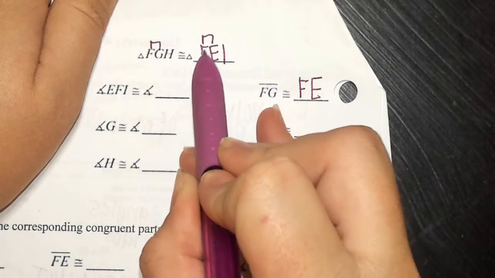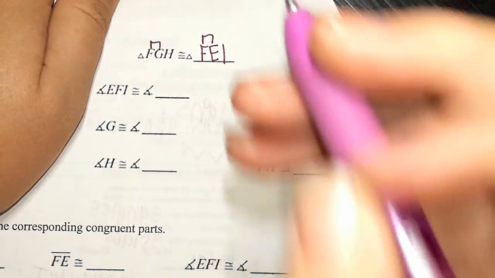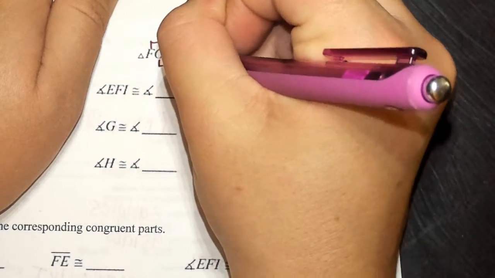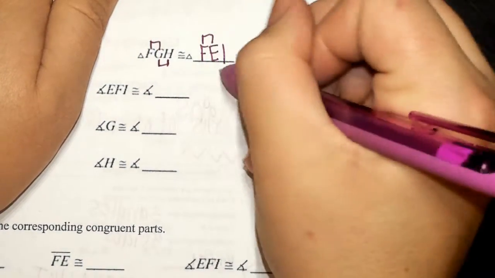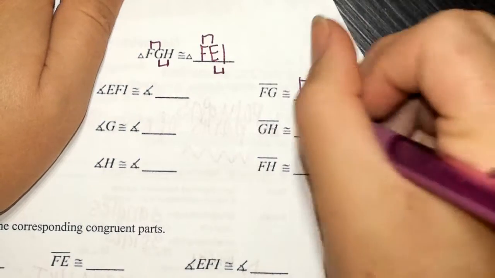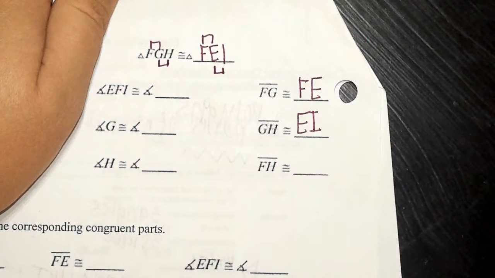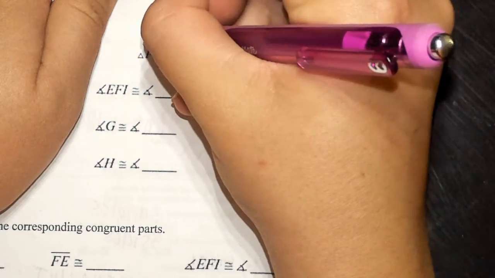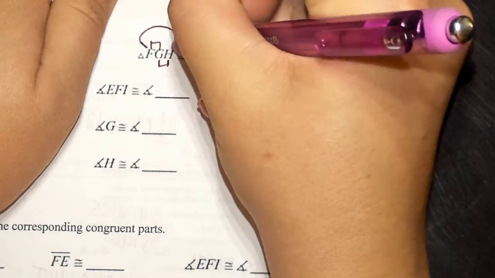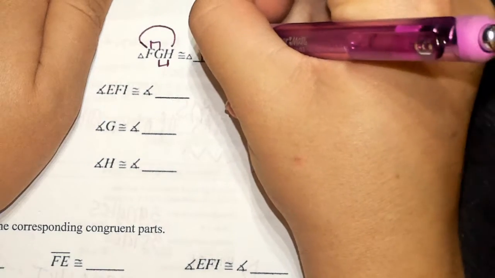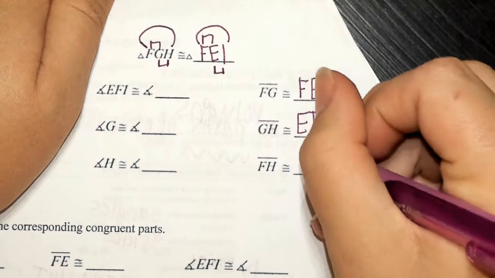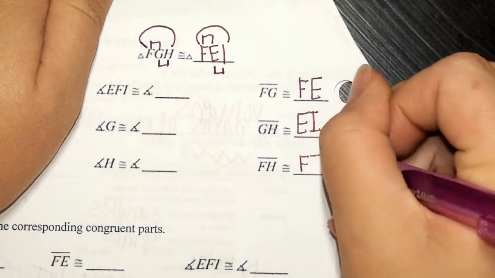So look at the first 2 over here. FE. Okay, well next, GH. That's the second and third, right? So it's congruent to the second and third over here, which is EI. FH, first and last, is congruent to first and last, which is FI.